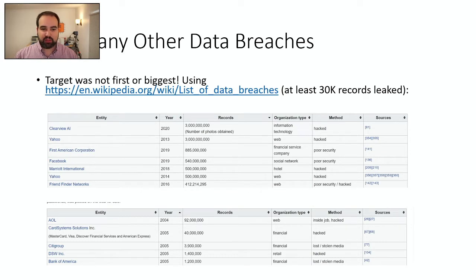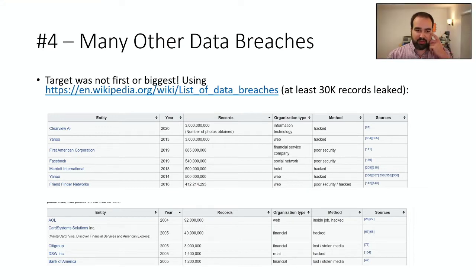If you're curious on both ends, right, what's the biggest and what was the first? There's this Wikipedia list of data breaches that I linked to. And if you look at the biggest in terms of just records, so this isn't monetary loss or anything like that, what you have is about 3 billion. There are actually a few different kinds of records here.